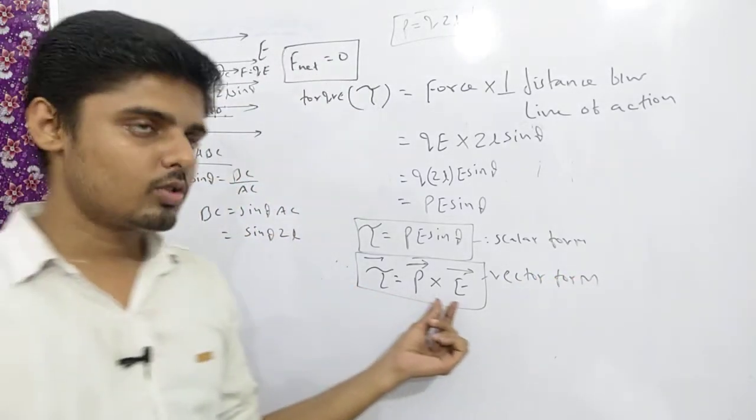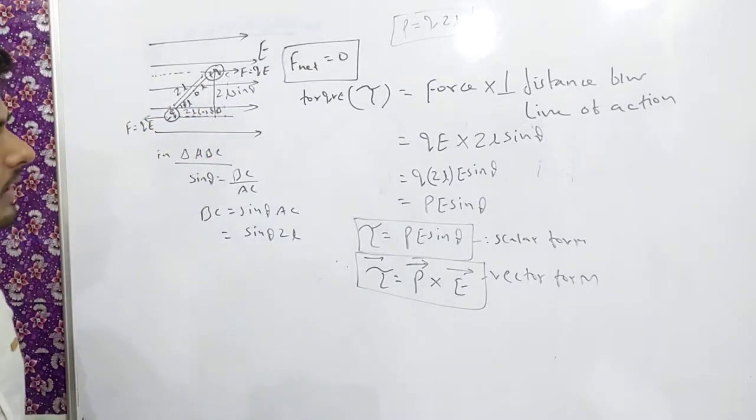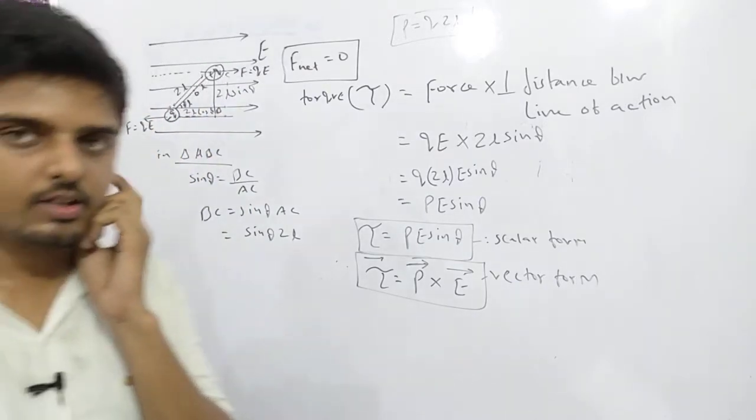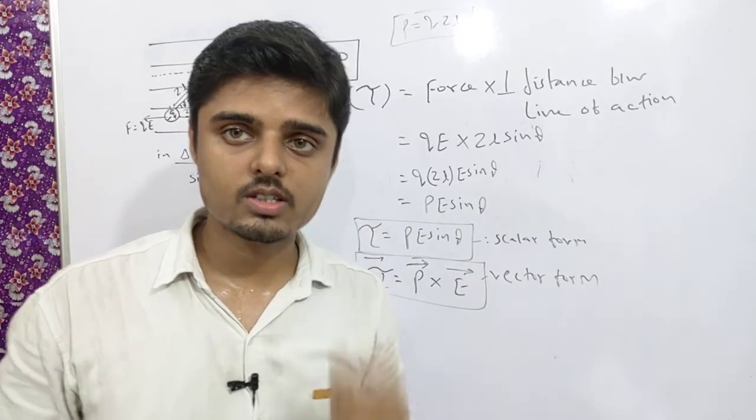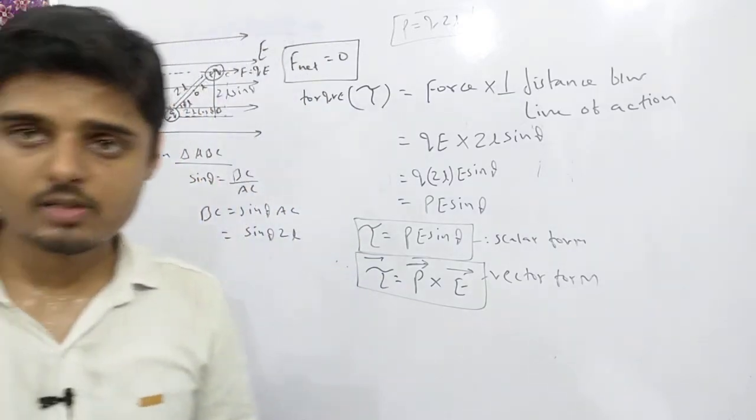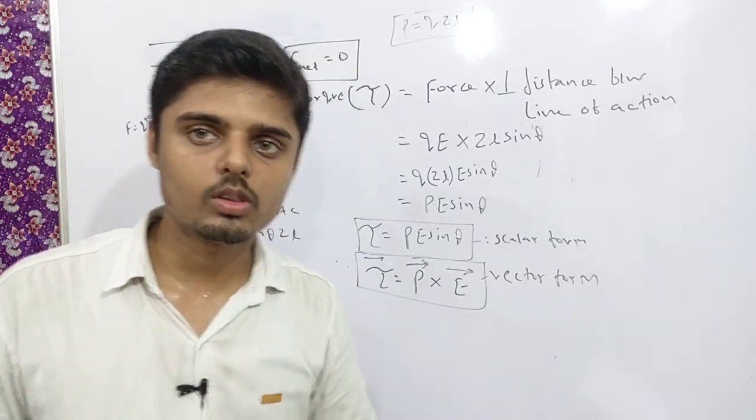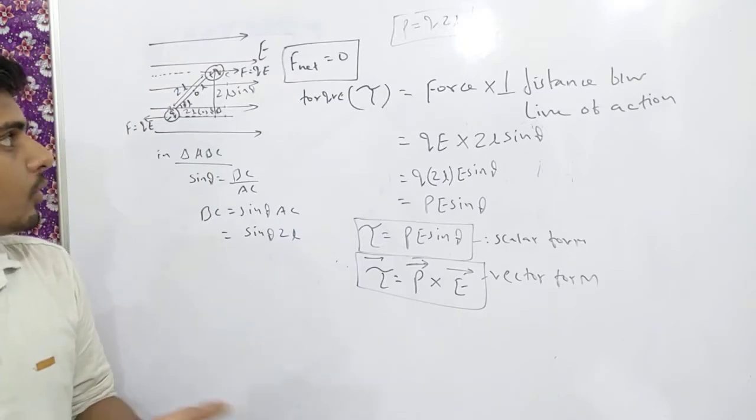Means torque is equal to P cross E or PE sin theta. Now we can find in which condition the value of torque will be maximum, and in which condition of the dipole the value of torque will be minimum, and we are going to find it.